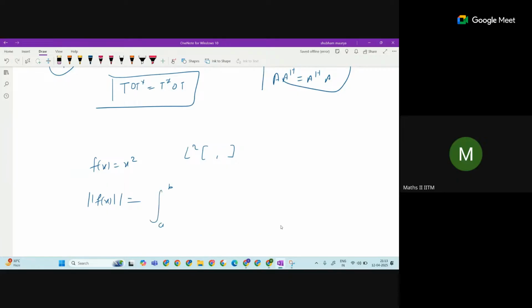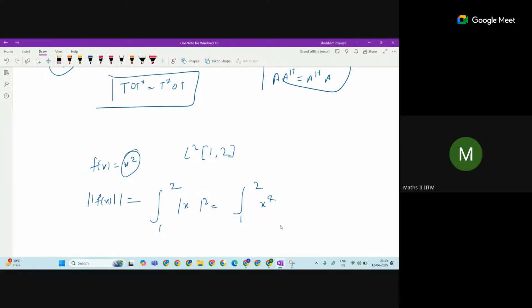Suppose we take a to b as 1 to 2. The norm square is going to be the integration from 1 to 2 of t to the power 4. Square is already there. Here t is just changing the variable, or if you have a problem with that, you can write x to the power 4.